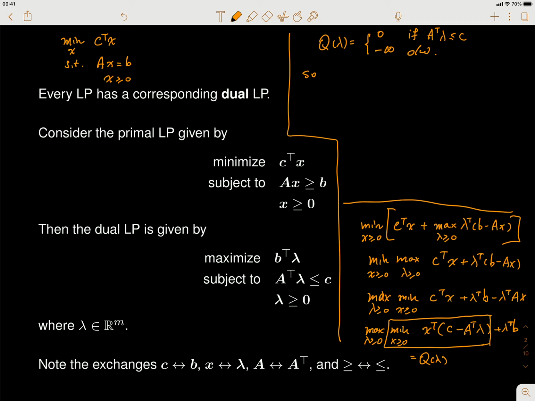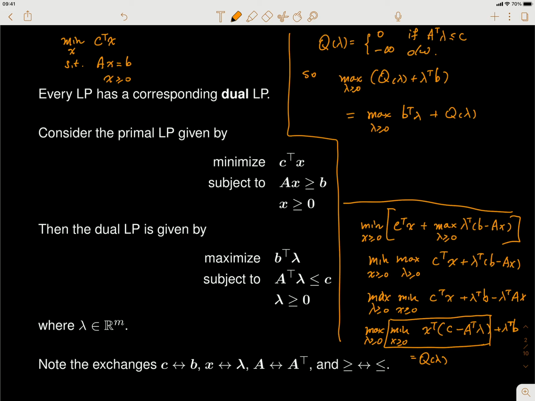So maximizing over lambda greater than or equal to 0 of q of lambda plus lambda transpose b will be just equal to maximizing lambda transpose b, or b transpose lambda, let me write it that way, under the constraint lambda greater than or equal to 0, plus q of lambda.